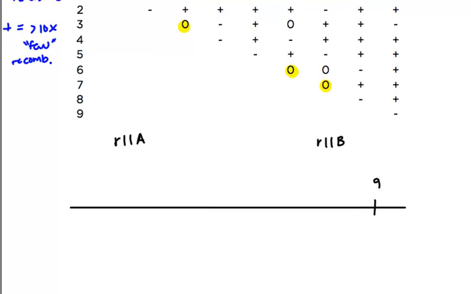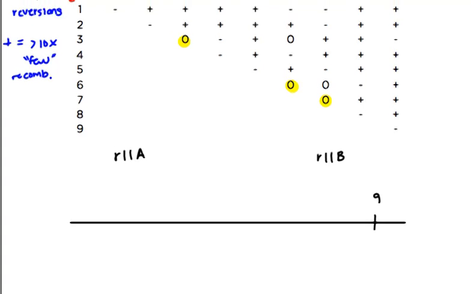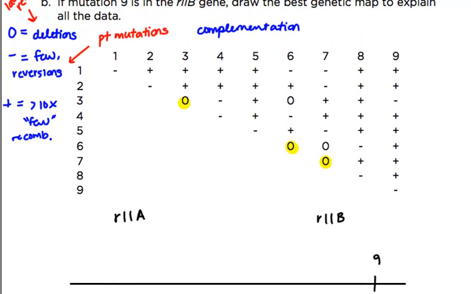The way to do this is we're going to use the recombination data to order these mutations with respect to the deletions. So let's look at deletion 6 first. When you look down the column for 6, anything indicated by a plus means that it recombined with that mutation. We already know that the zeros are because of deletion.